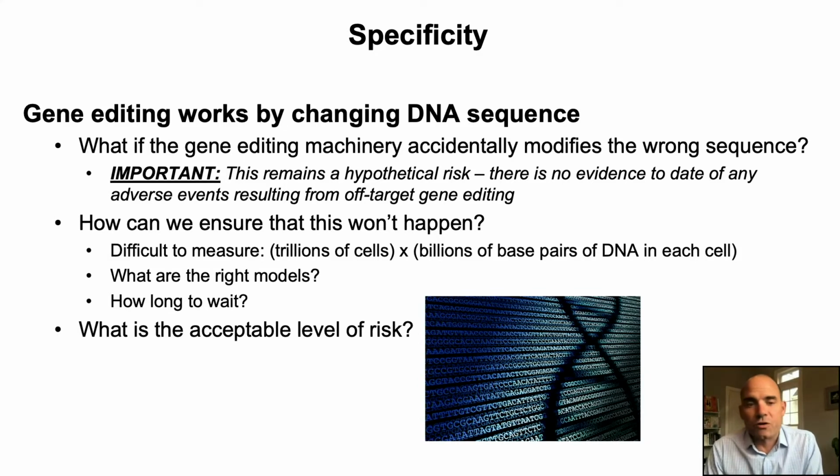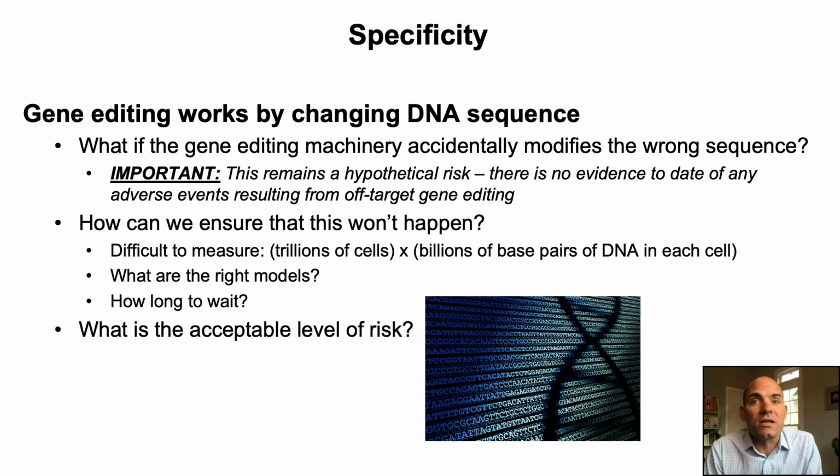So first, to address the issue of specificity, as I think everyone understands, gene editing works by changing underlying DNA sequence. And so the hypothetical concern that is getting a lot of attention is, what if the gene editing machinery accidentally modifies the wrong sequence? And I want to really underscore this next point, which is this remains a hypothetical risk.